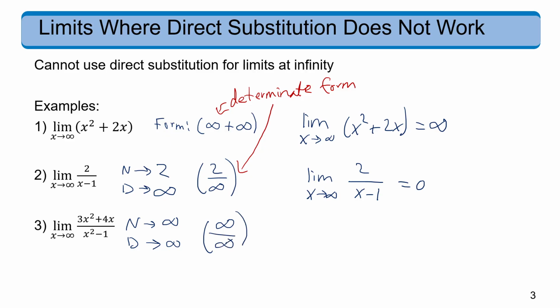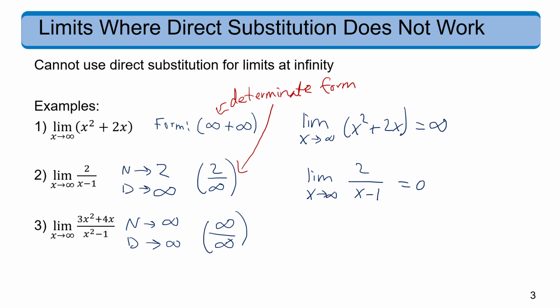So the numerator going to infinity makes the fraction get bigger and bigger. It's pulling the fraction towards infinity. But the denominator going to infinity, like we saw up here, pulls the fraction towards 0. So the two are competing against each other, and we can't tell which one's going to win.